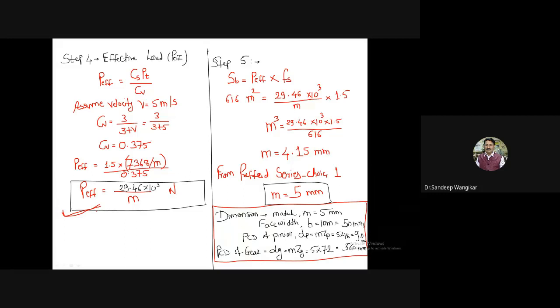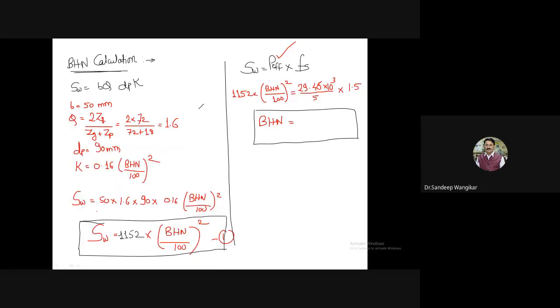Once again, repeat the values. Value for BHN once again. Whatever value you put, no problem.